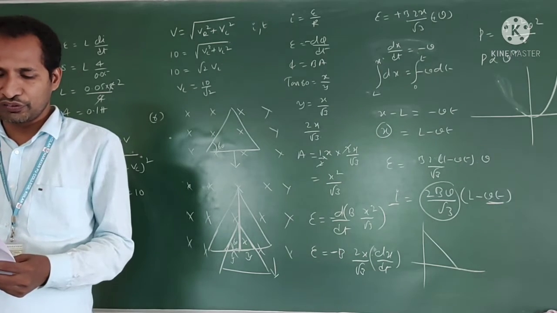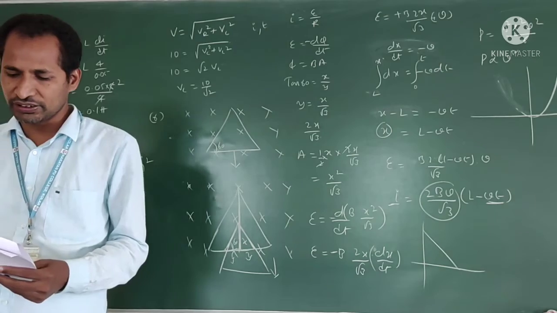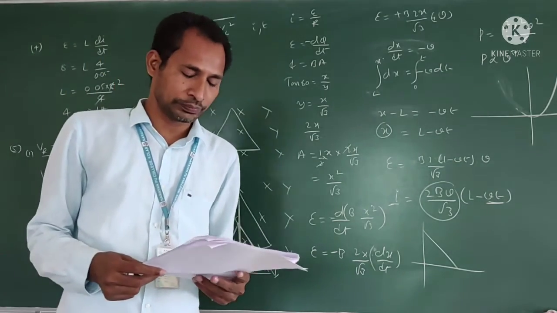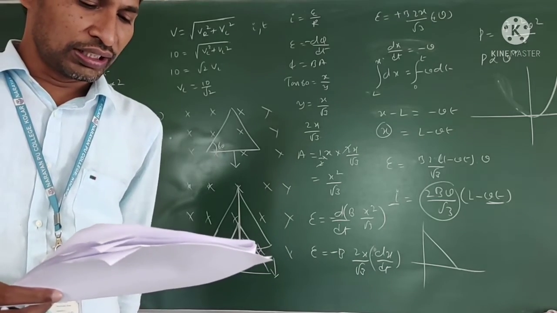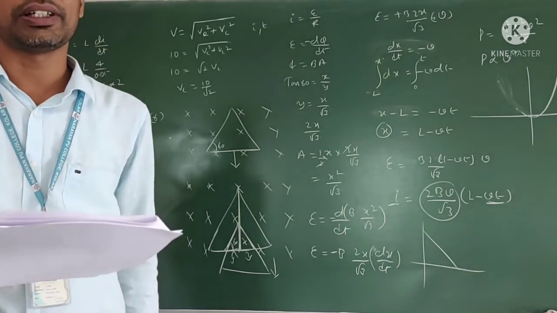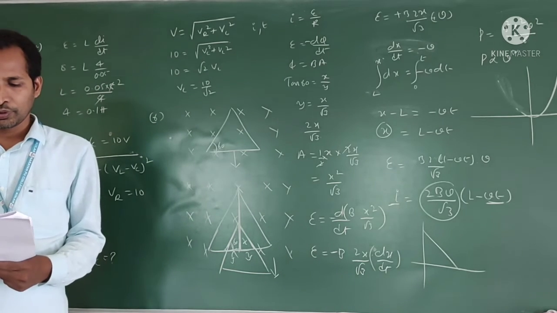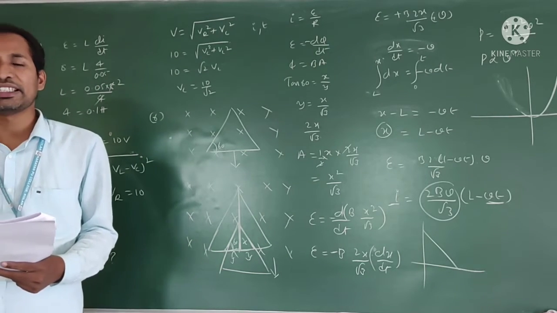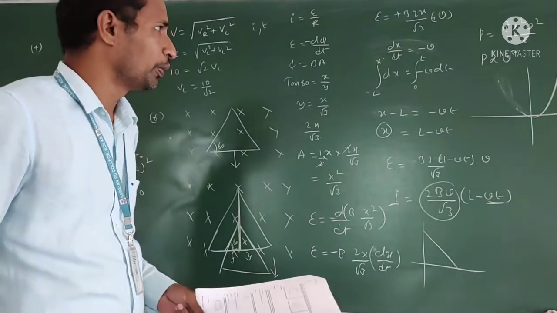The induced EMF during the passage of these loops out of the field region will not remain constant for the circle and the elliptical loop. Clear? Because the change in area is different as it moves out.